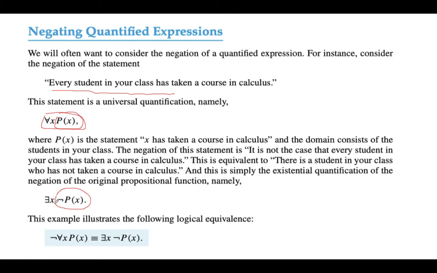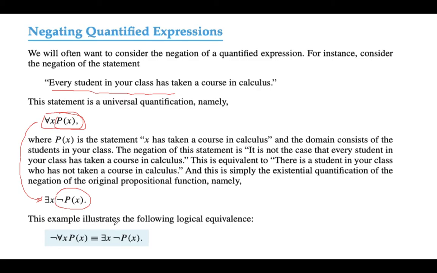So there exists means there is one student. So the negation of this, for all x P of x, is what? There exists x, not P of x. Symbolically, when you are asked to negate the statement for all x P of x, you will write there exists x, not P of x.